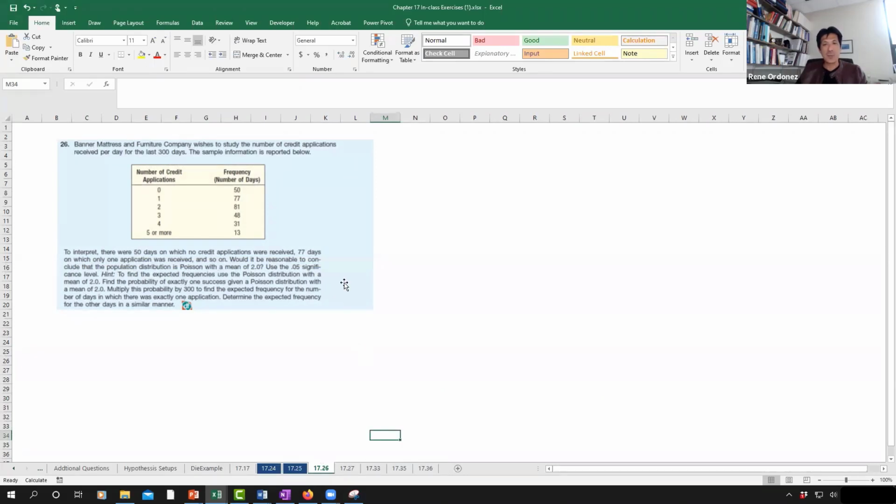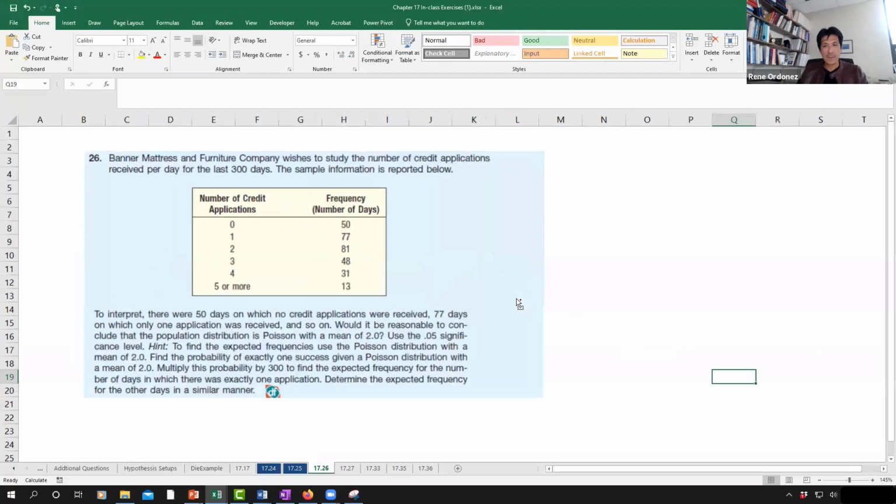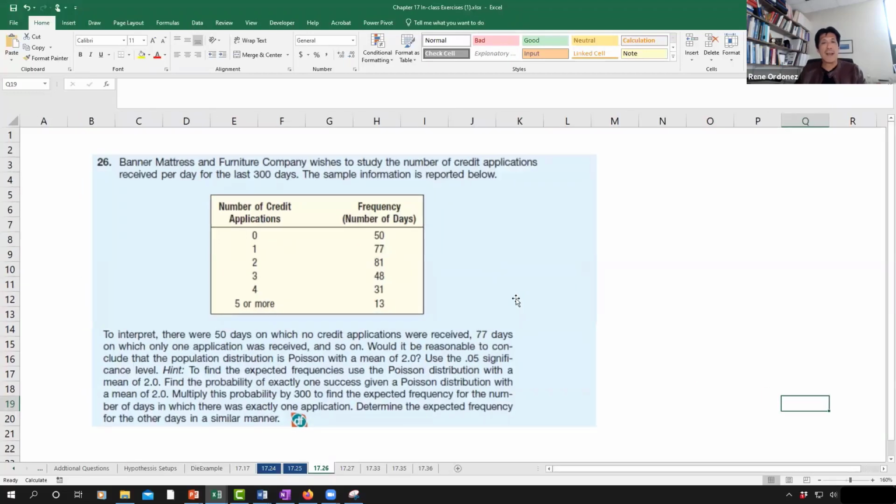How about 1726? Let me make this bigger. Banner Mattress and Furniture Company wishes to study the number of credit applications received per day for the last 300 days. Okay, the sample information is reported over here.